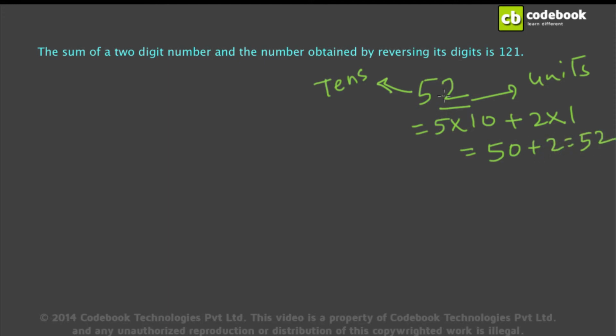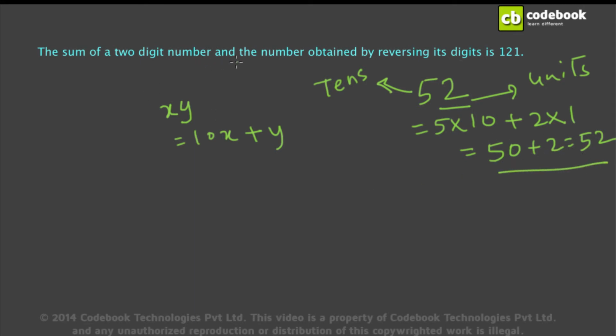So this is how a two-digit number can be represented. Over here, we don't know the exact two-digit number. So we can assume that the digit in the units place is Y and the digit in the tens place is X. So this can be represented as 10x plus Y based on the explanation that I have just given.